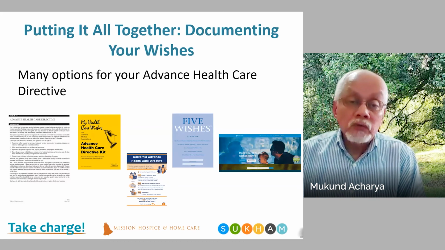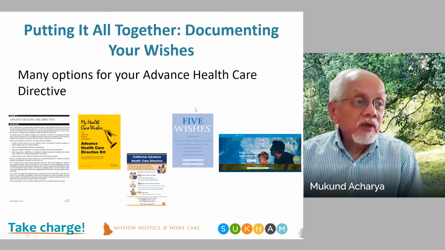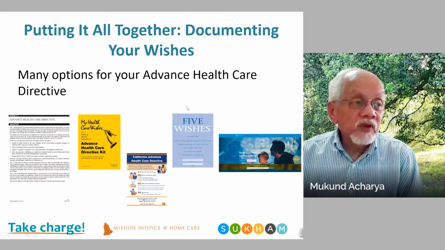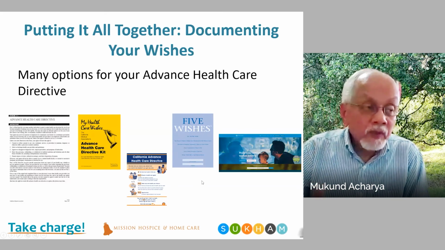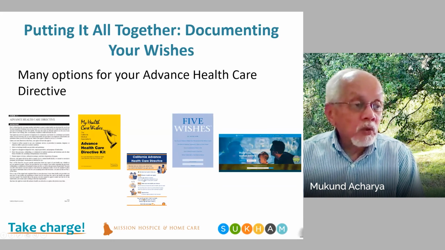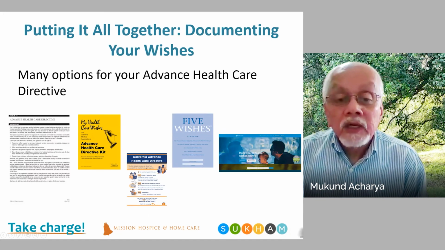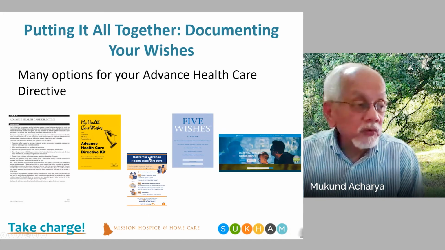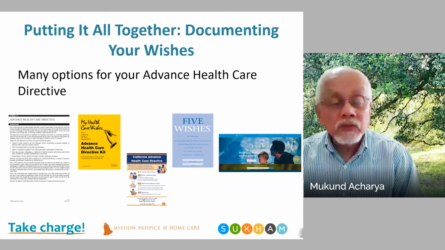UCSF has its own. There's a document called 5 Wishes that is actually a very nicely written document that enables you to put down all your things in a way. There's a pictorial version of the California Advanced Healthcare Directive that's 14 pages long, developed by a group in San Francisco, where it guides you through in pictures to figure out what you want.